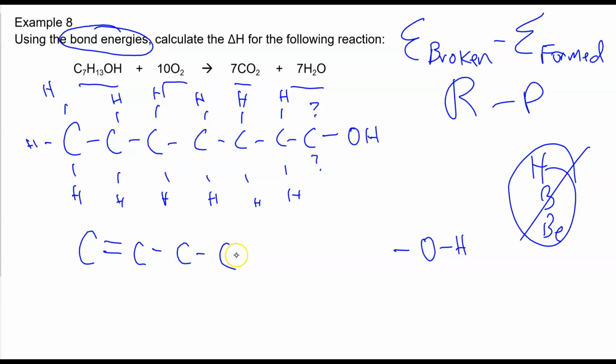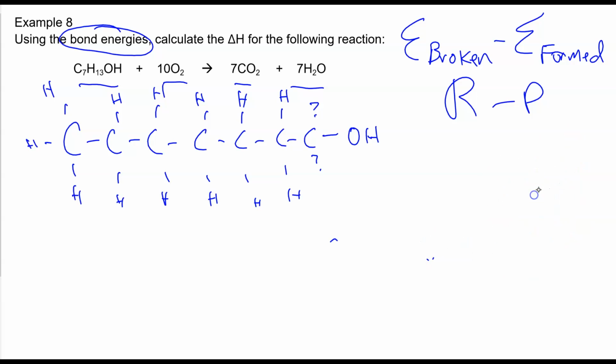So 1, 2, 3, 4, 5, 6, 7. Let me erase this and move this down, and let me get rid of some of this so that I have room to put my hydrogens.